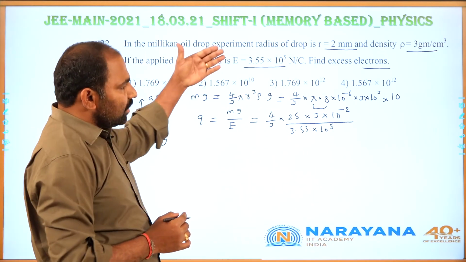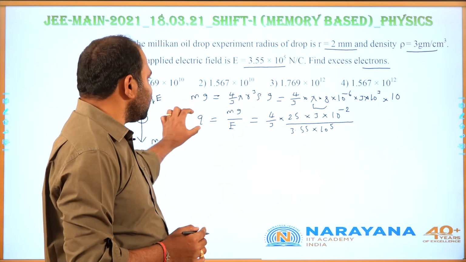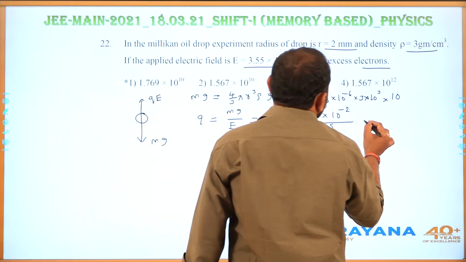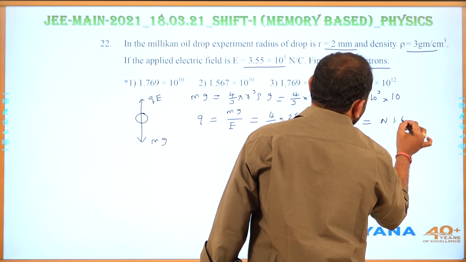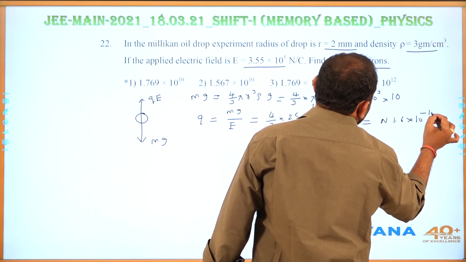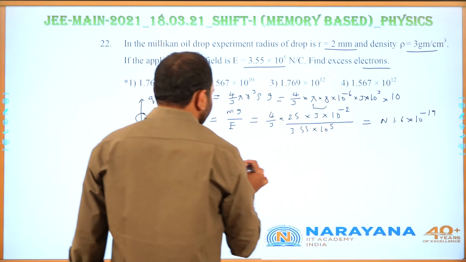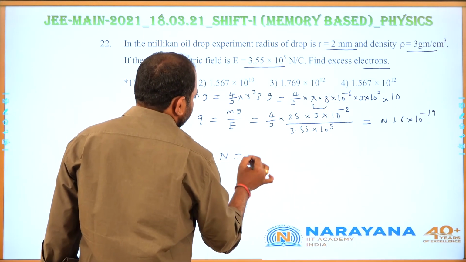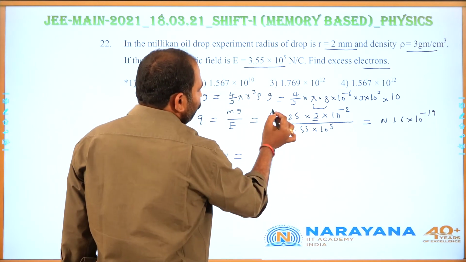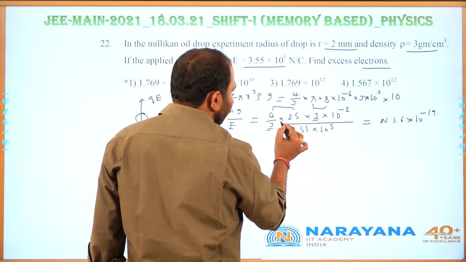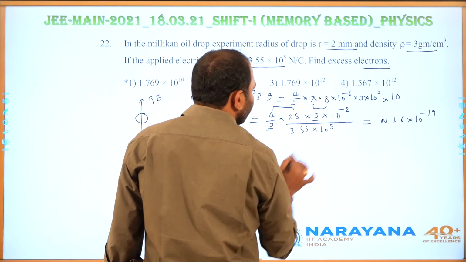Actually, we need to calculate number of electrons present. So total charge Q can be rewritten as number of electrons present into charge of electron, 1.6 into 10 power minus 19 coulombs. From this expression, the value of N: first of all, this 3 and this 3 get cancelled. 4 into 25 gives 100. 100 and 10 power minus 2 will be 1.